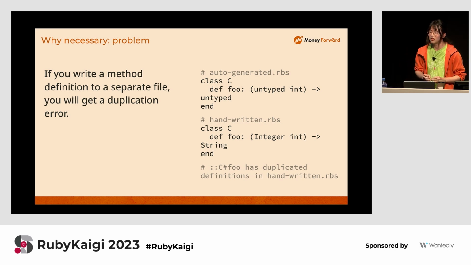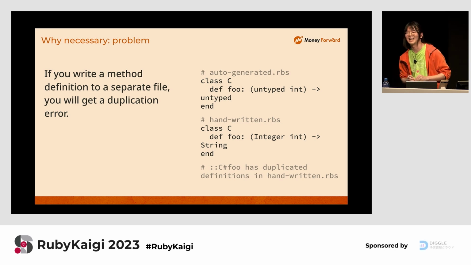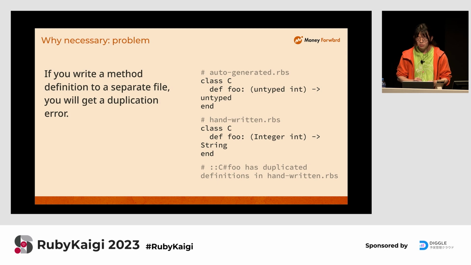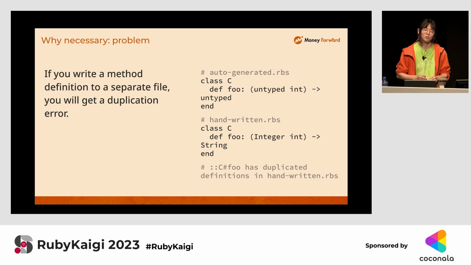So maybe you think of editing the auto-generated files directly, but it is not a good idea because if you edit the auto-generated file, you may find the change is removed after you run RBS prototype or some other generator again.